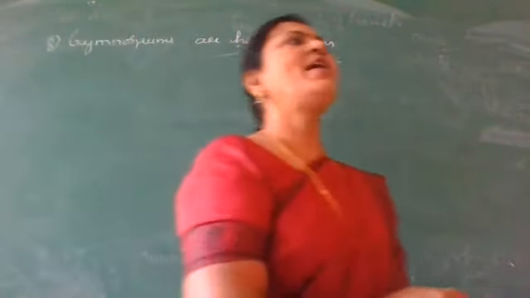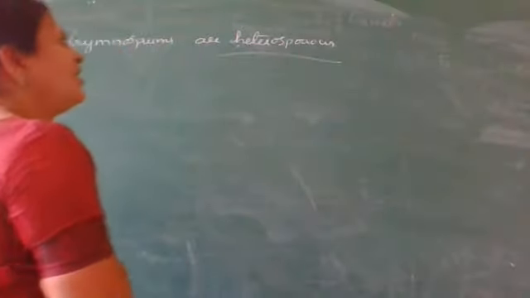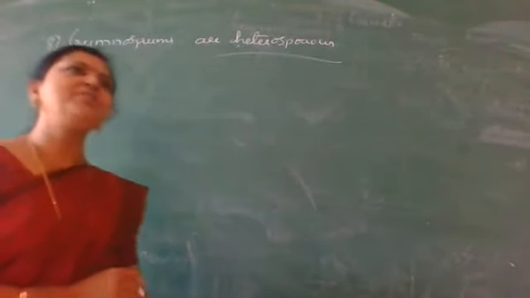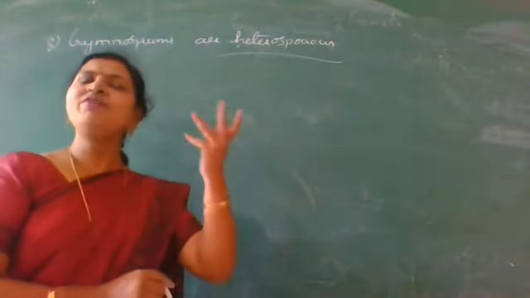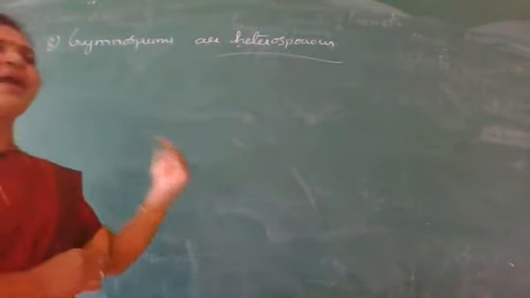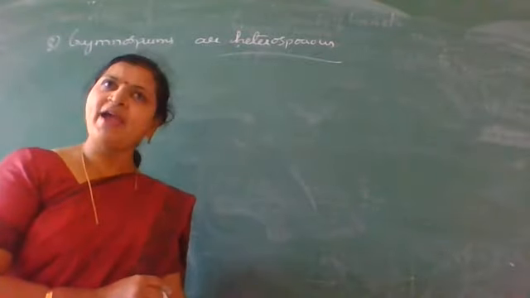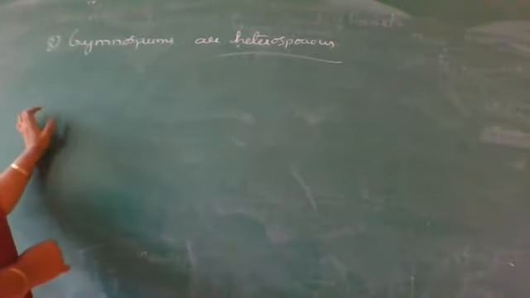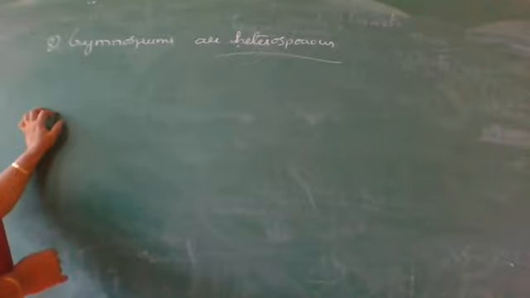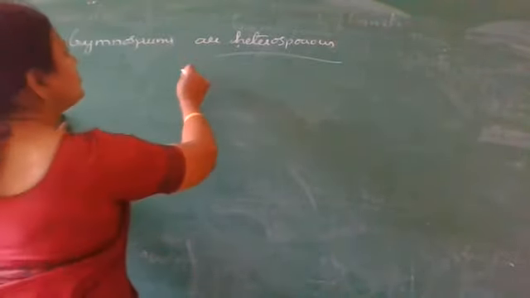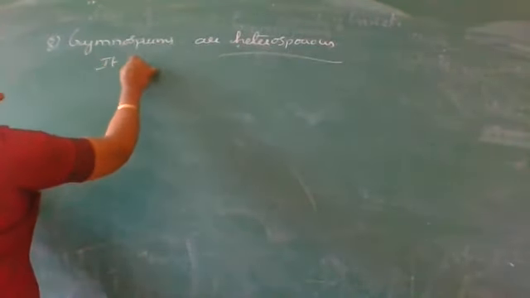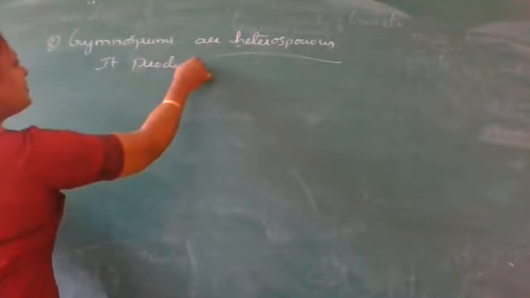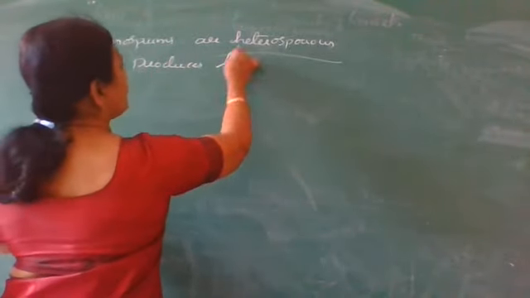In pteridophytes, I explained this concept. Homosporous condition means the production of similar type of spores, where we cannot differentiate a microspore from a megaspore. Here gymnosperms are always heterosporous. That means they produce two types of spores.